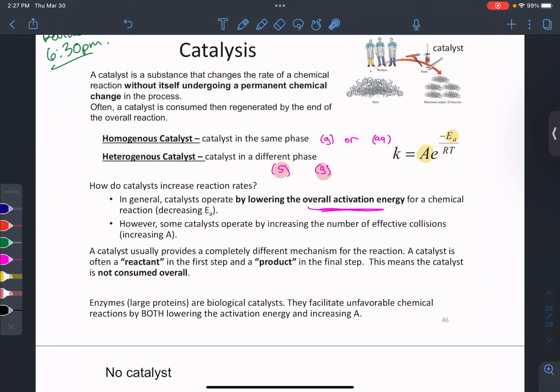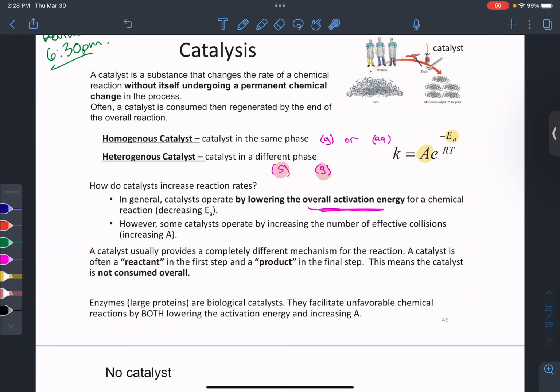And so when you have your catalyst as a reactant and a product, they cancel out. So you don't see it in the overall reaction, but you still need it to be there in order for the reaction to go forward. So you might think it's a reactant in the first step, but it's a product usually in the final step. So it's not consumed overall.